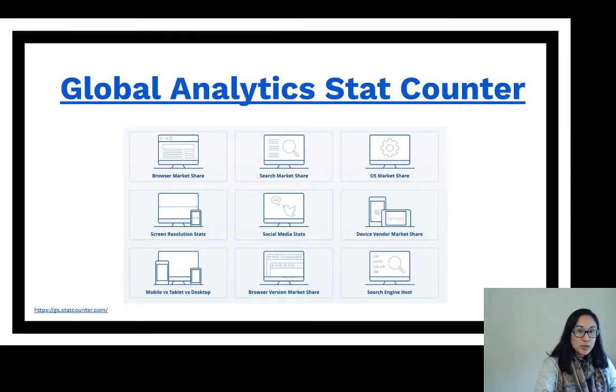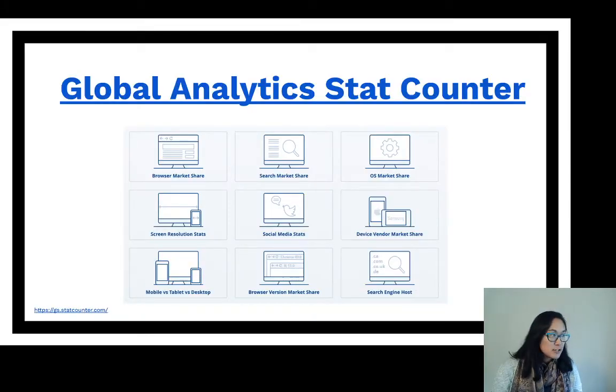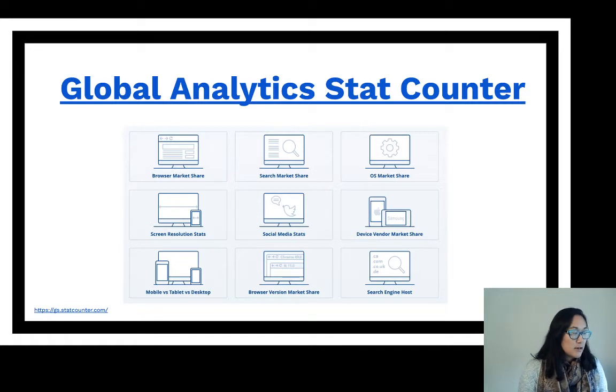If you go to Global Analytics Stat Counter, you will see different components that you can drill into. So you can look at the different browsers that are being used worldwide. You can search the market share segmentation, the operating system market share, and the fourth one down, so 3 across, 2 down, says screen resolution sizes.